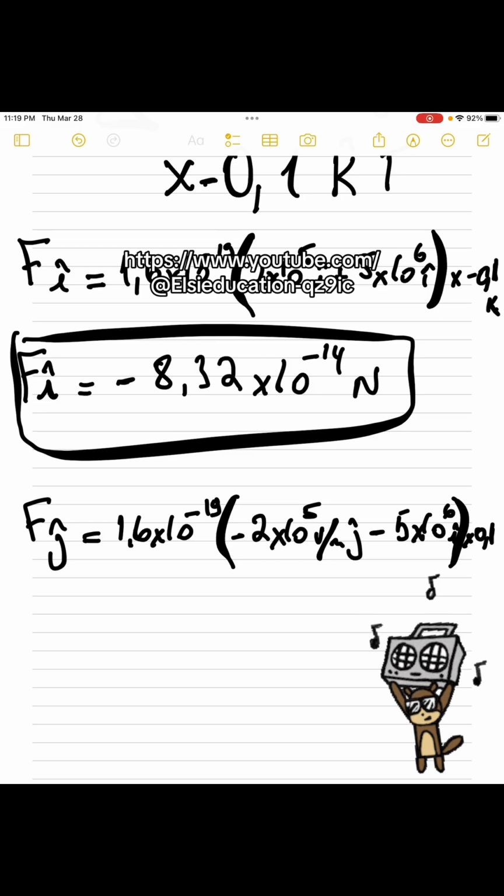And that's minus 2 exponent 5 minus 5 exponent 6 multiplied by 0.1 multiplied by 1.6 times 10 minus 19.